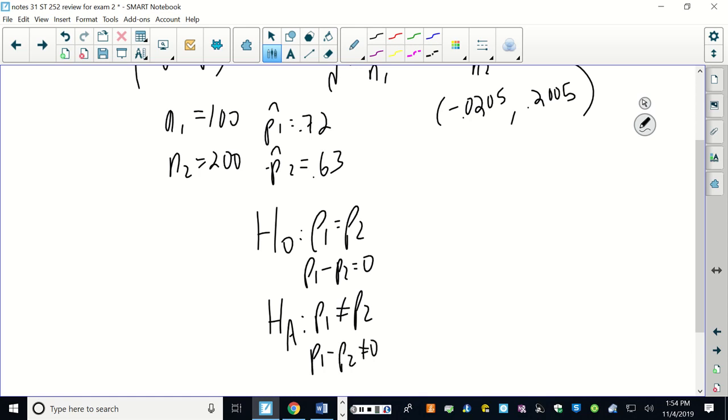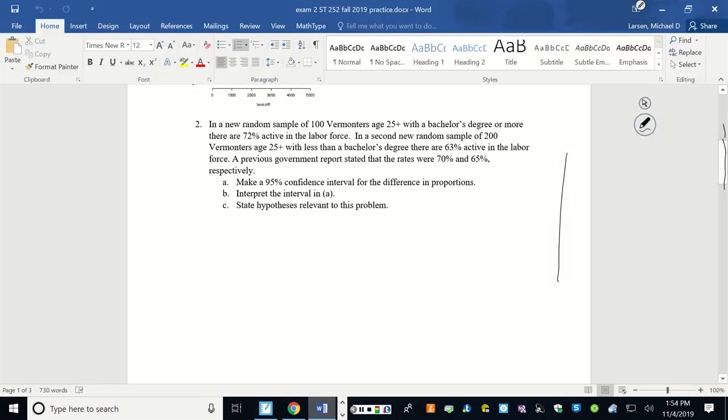But looking at the statement of the problem, our previous government reports say they were 70 and 65%. So maybe that's based on labor force participation, something about official data. Maybe it's based on a census at that time period, not a survey.